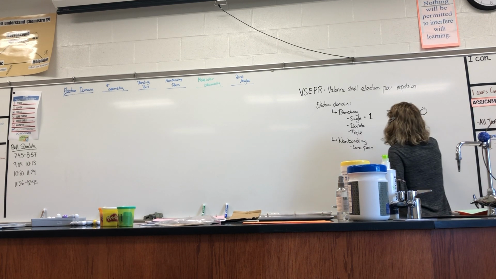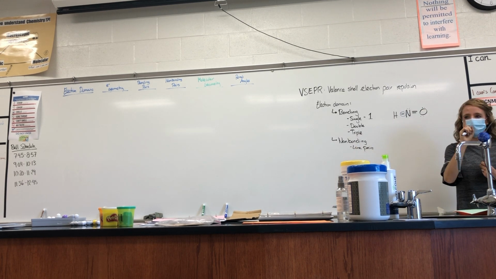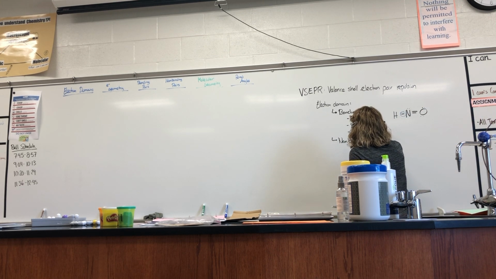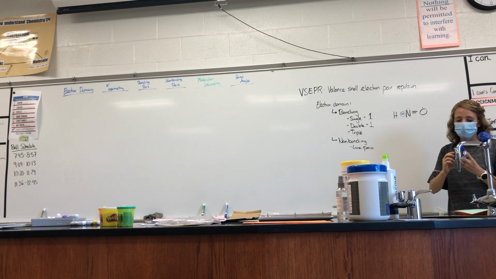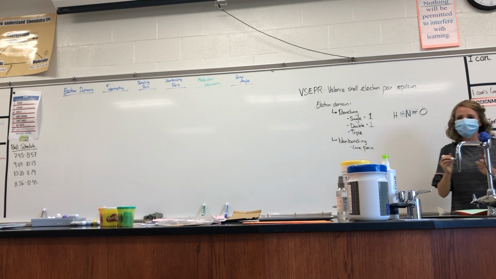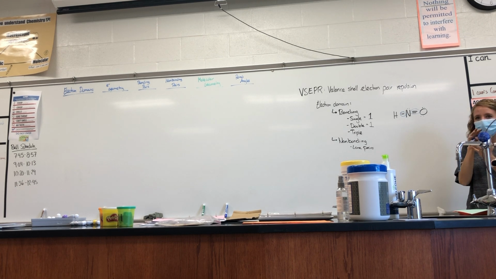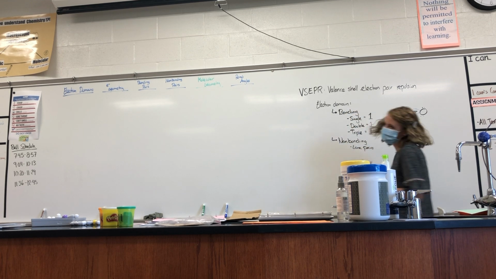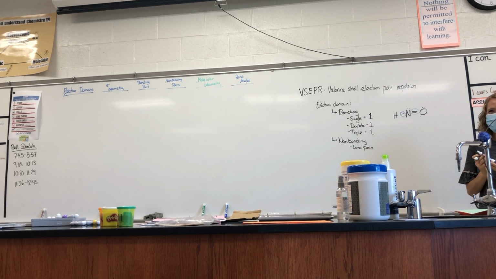Okay, a single bond counts as one domain. A double bond still counts as one domain, because even though there's more electrons, it's still in the same space. Which is why a triple bond is also one domain, because even though there's lots of electrons, it's still just one space.